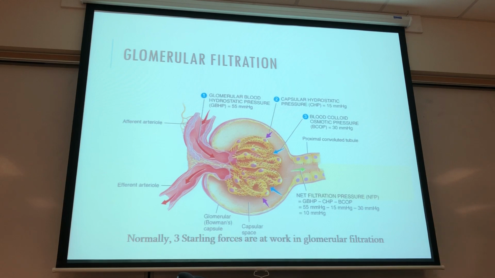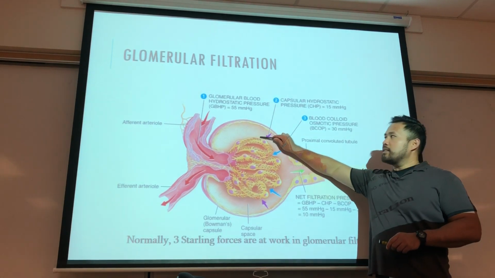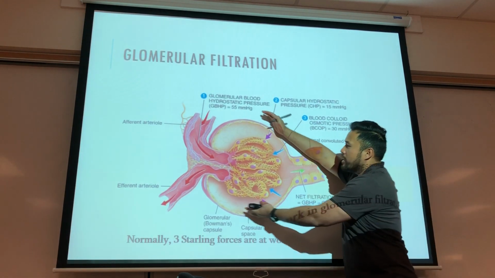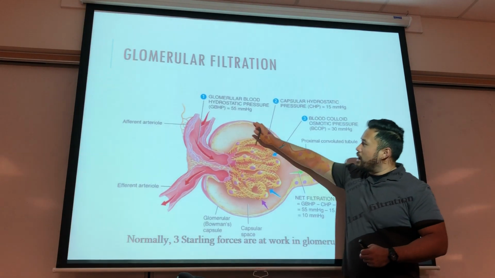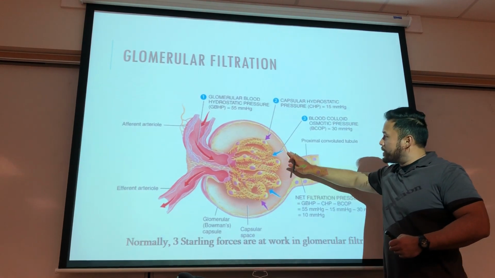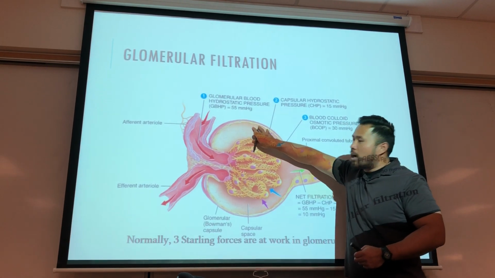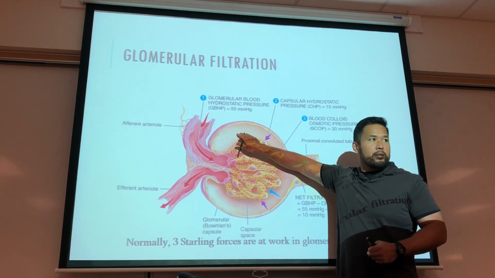The other thing that we need to talk about is the capsular hydrostatic pressure. And what exactly is a capsular hydrostatic pressure? You have fluid exiting the capillaries, and it's not just freely moving around, it's actually collected in the capsule. That space on the outside is going to start to fill up, and it's going to increase the pressure in the capsule.